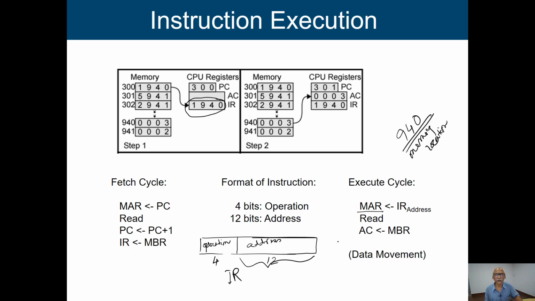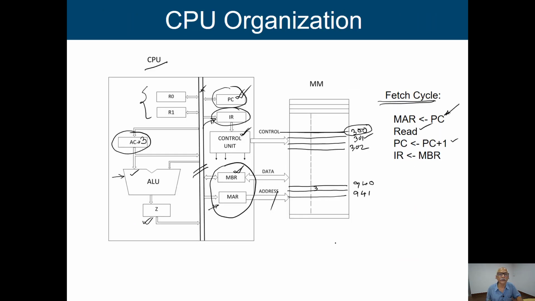Again, for clarity, we will go back over here. You see we place the address over here. That means we are pointing to this particular memory location 940. Then we give the read signal, so the contents of this memory location will be transferred to this MBR, and finally we will transfer it to the accumulator.